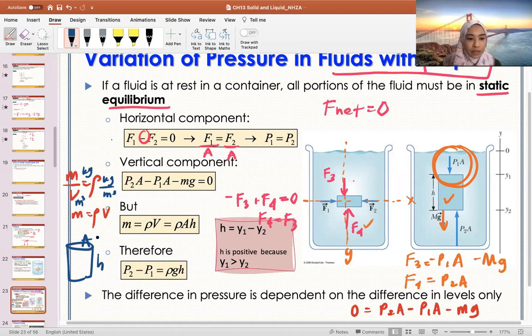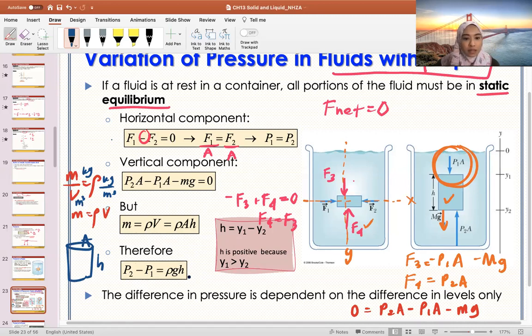Sama, A times H. So volume is A times H. So this is where the equation comes from, okay? But mass is equal to rho or density times volume, which is also equal to rho density times A and H. Therefore, P2 minus P1 is rho GH.